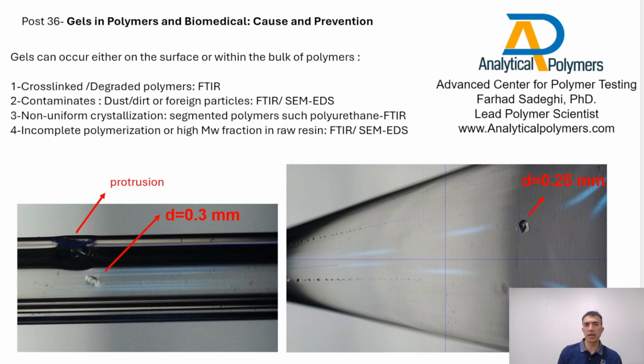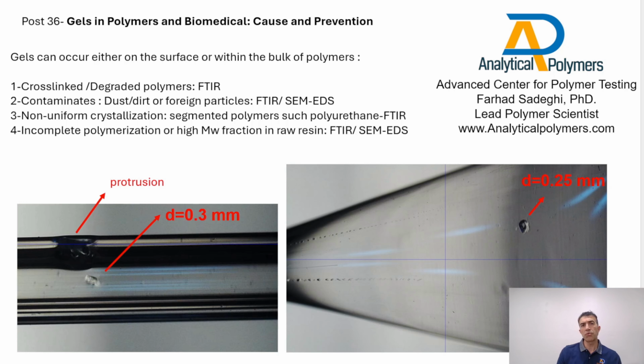This is very important for segmented polymers like polyurethane and PEBAX. These materials tend to crystallize during extrusion, and that is an aspect that has to be considered when you are extruding them. You can use FTIR to identify if the source of the gel is non-uniform crystallization.